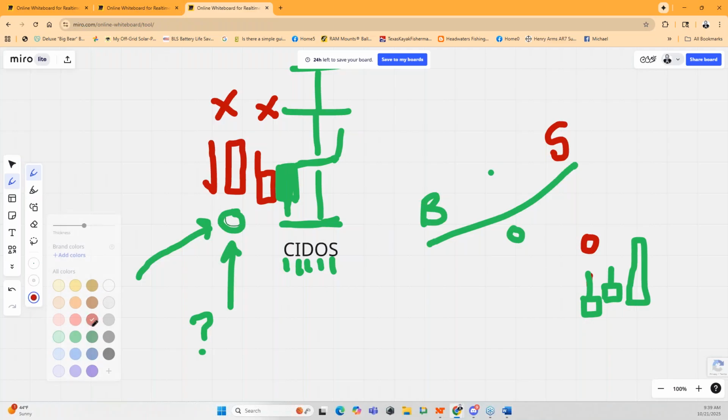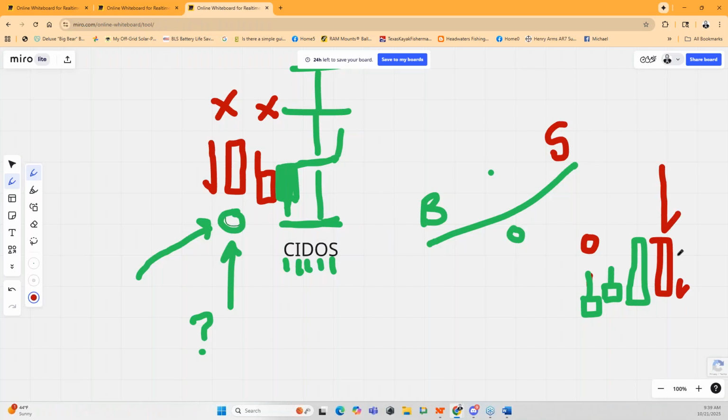Then, and only then, when we have something that looks like this, and that candle actually closes at its low, this now becomes a CDOS. Our stop goes above the structure of that candle, and now we're looking at holding until the next signal, or a 1-to-1, 2-to-1 move in our direction.